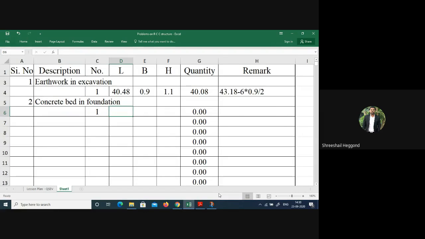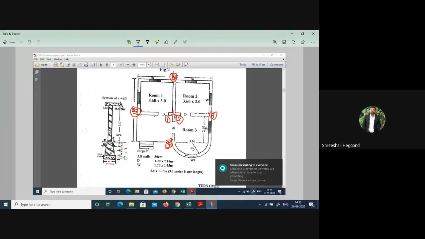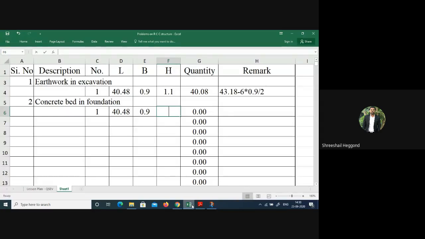Length remains same as excavation, because wherever you have done excavation, there you have to place the concrete bed. 40.48. Width is 0.9, and height you have to check in the cross section. That is 0.3, as it is given in the cross section. Therefore, quantity will be 10.93.